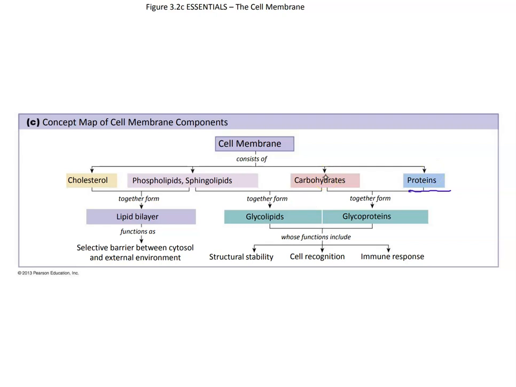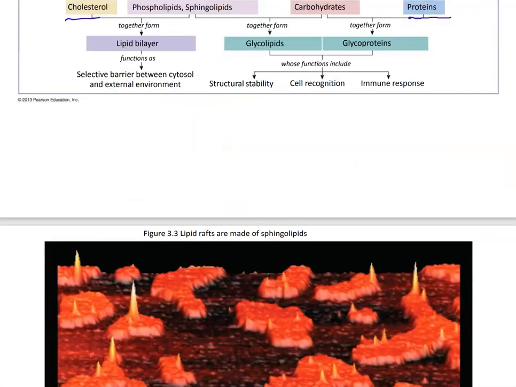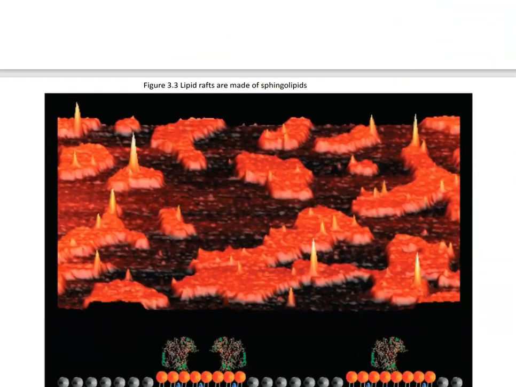If the carbohydrate is attached to a protein, then we call it a glycoprotein. If it's attached to a lipid, it's a glycolipid. And again, the main structure of the biological membranes is this phospholipid bilayer, which also has a significant amount of cholesterol.